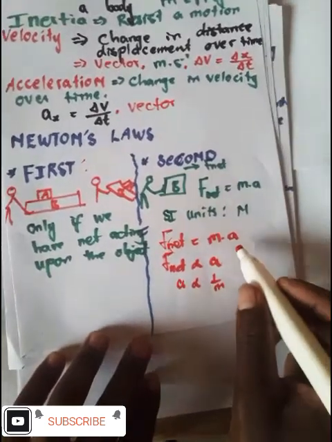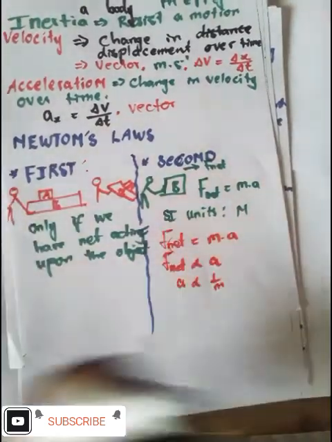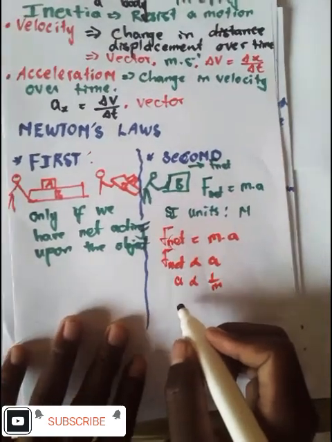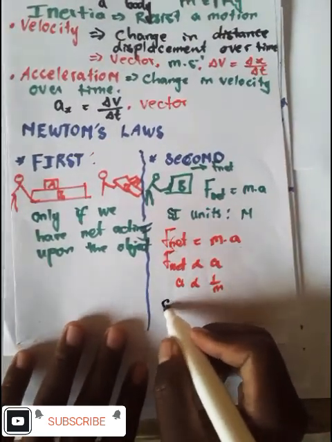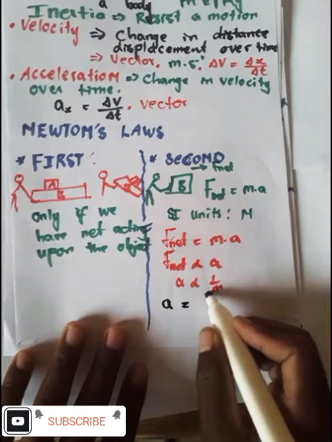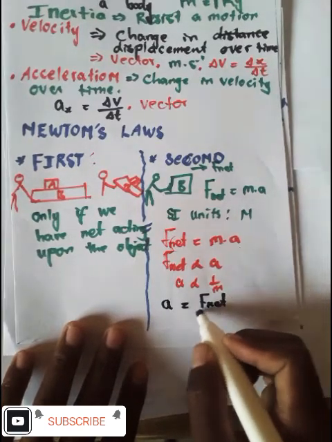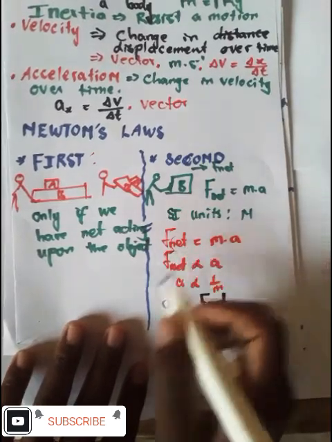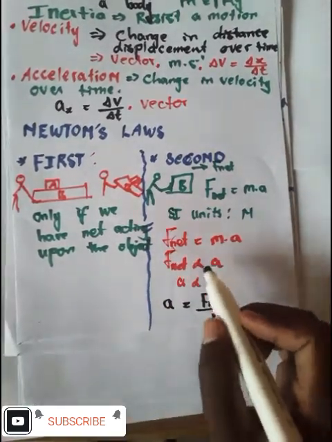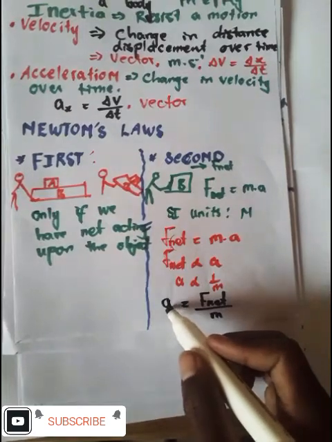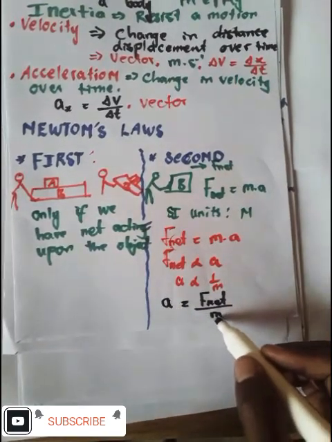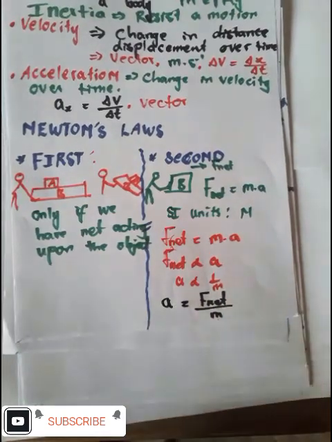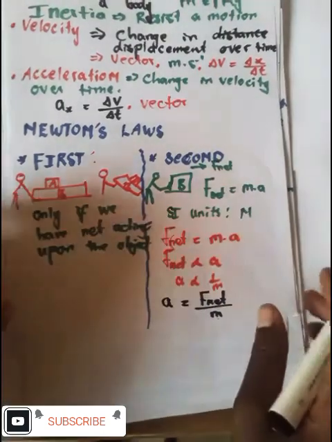If we make acceleration the subject of the formula, we divide both sides by m, so a equals F net divided by m. You can see that this is inversely proportional to this, they're not aligned, they're not facing each other.